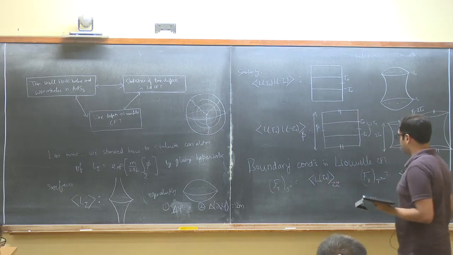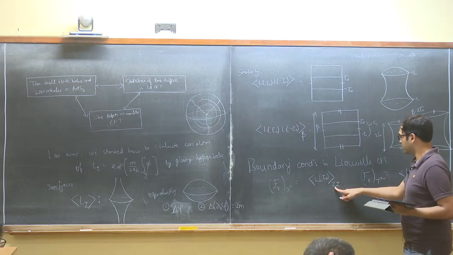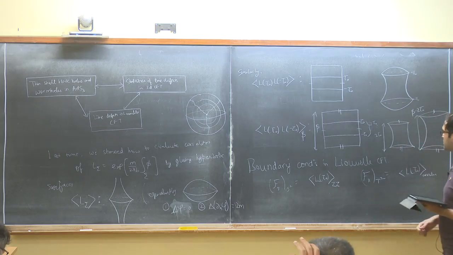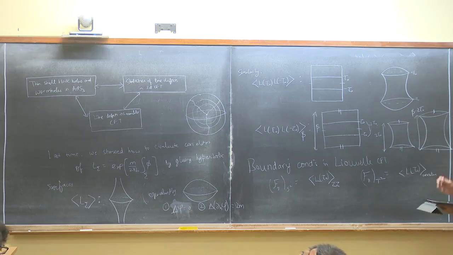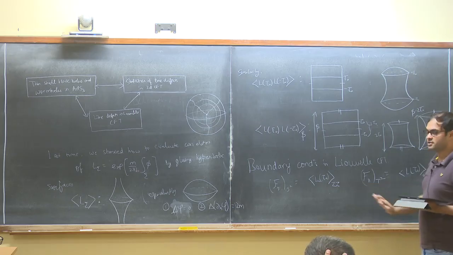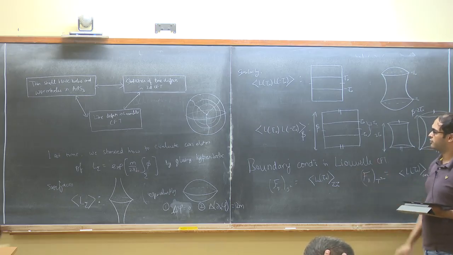In case you are not familiar with ZZ boundary conditions, they are one class of conformal boundary conditions in Liouville CFT. Famously, there are two families of conformal boundary conditions, ZZ and FZZT. For our purposes, ZZ is just a Dirichlet boundary condition for the Liouville field.